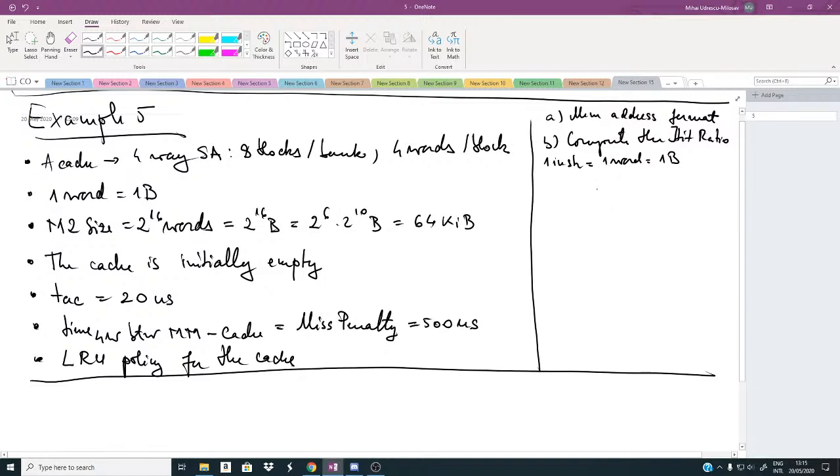And I give the sequence of instructions as the sequence of the addresses where such instructions are to be found. So these are not the codes of the instructions. The codes are irrelevant in our case. We only consider these addresses.